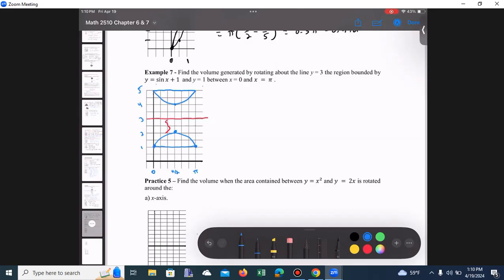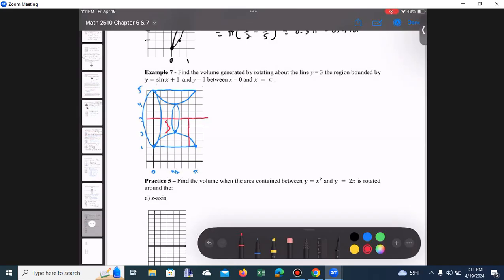So your outer one is this one here. That's your outer radius. Inner radius goes to the function. So what we are looking at here is the outer one going all the way from the axis of rotation down to y equals 1.